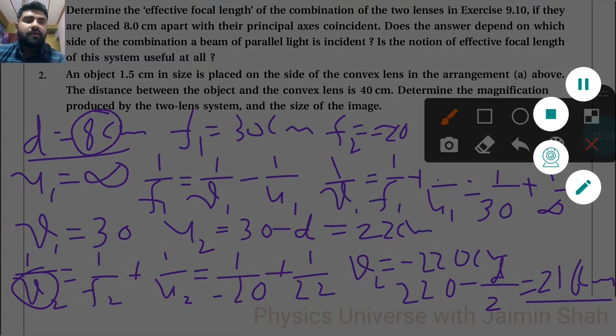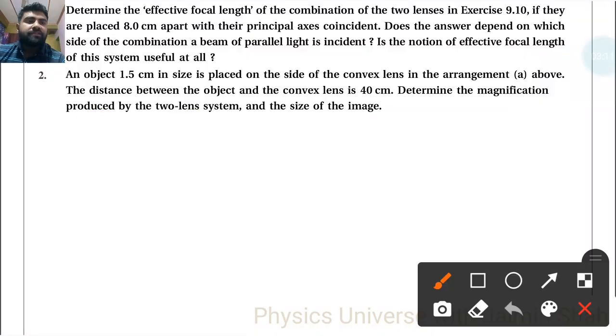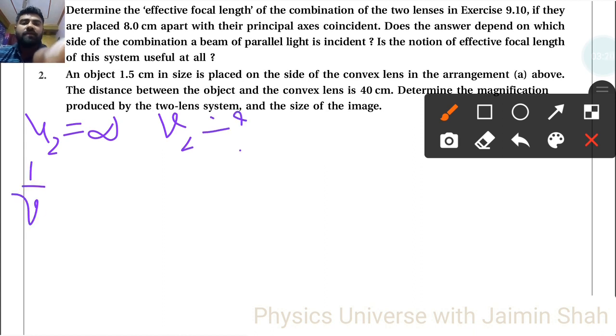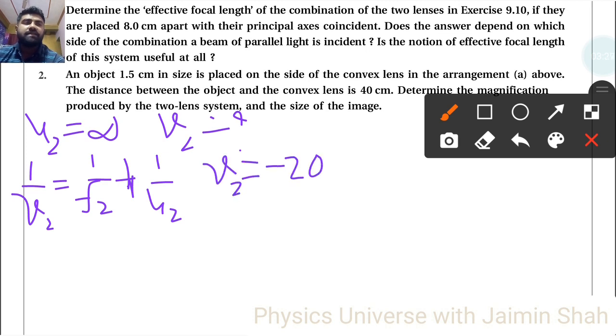Now see, for the next one, u2 is equal to infinite distance and v2 we have to find. The formula is 1 upon v2 is equal to 1 upon f2 plus 1 upon u2. So f2 is minus 20, so v2 is equal to minus 20. Now we have to find u1, which is equal to minus 20 plus d. d is 8, so minus 28 centimeter.